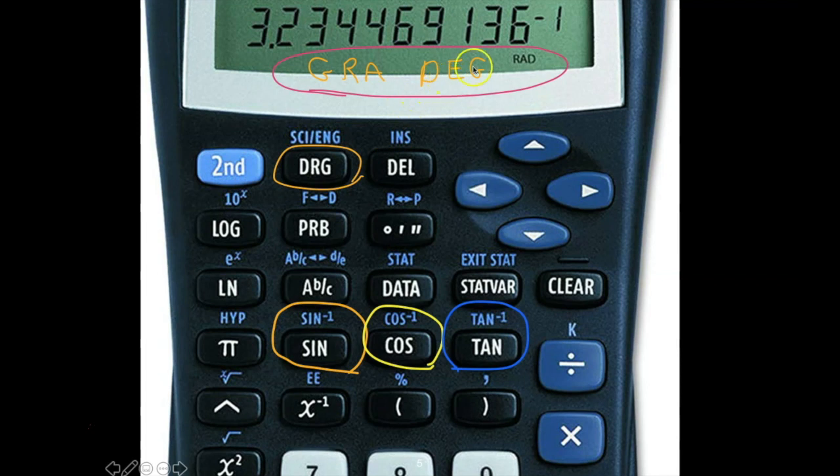And when you push degree, you'll see a little DEG up here. You won't see RAD anymore. So anytime you're using sine, cosine, and tangents, your first question is, what units is the angle in? Now, radians are something we're going to discuss later. Degrees you're familiar with. And gradients is not used that much in this type of math.